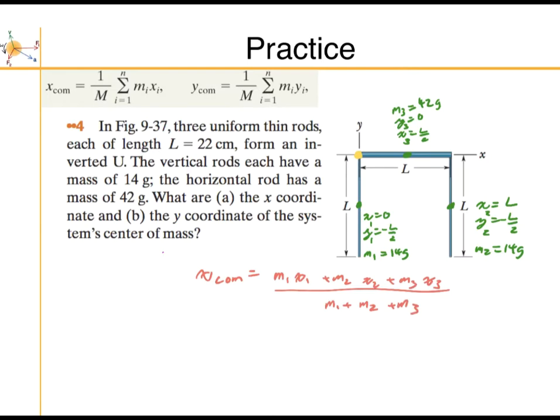And let's plug in everything for fun here. So on the top, it's going to be M1 is 14 grams, X1 is 0, plus M2 is 14 grams, and X2 is L. Actually, we can put in for L. It's 22 centimeters.